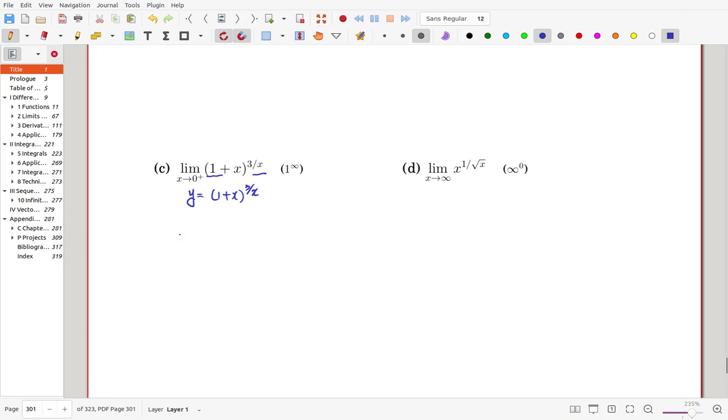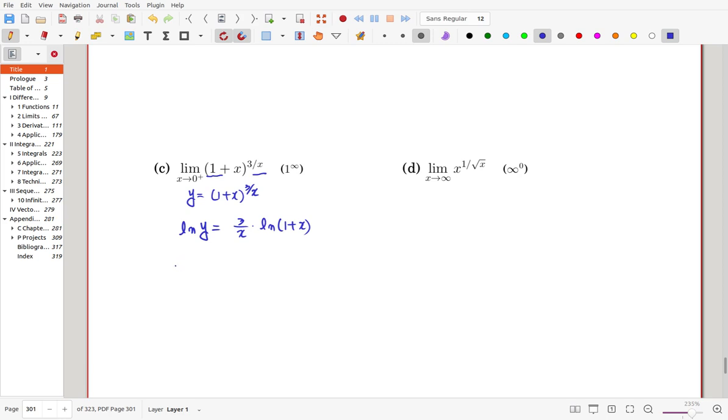Okay, now if you apply logarithm, then there will be 3 over x times natural logarithm of 1 plus x, right? Yeah, now it's okay.